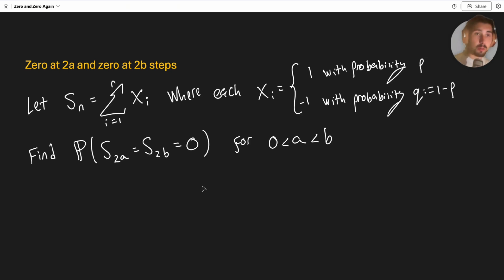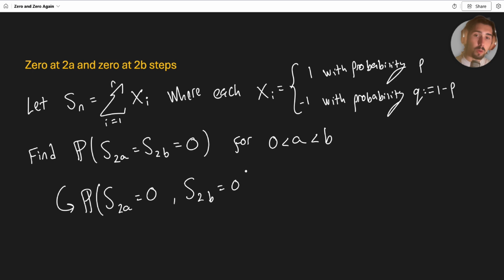The big problem, and the reason why this is quite difficult, is that those two things are not independent of each other, okay? So I'm going to just write this down. This is the same thing as the probability that S2A equals 0 and S2B equals 0. That's what we're asking.